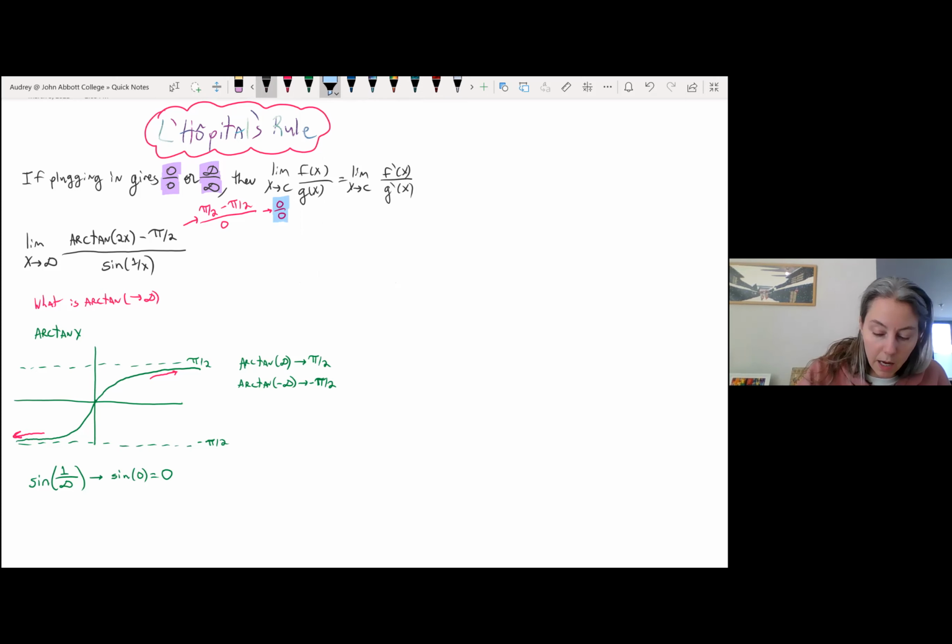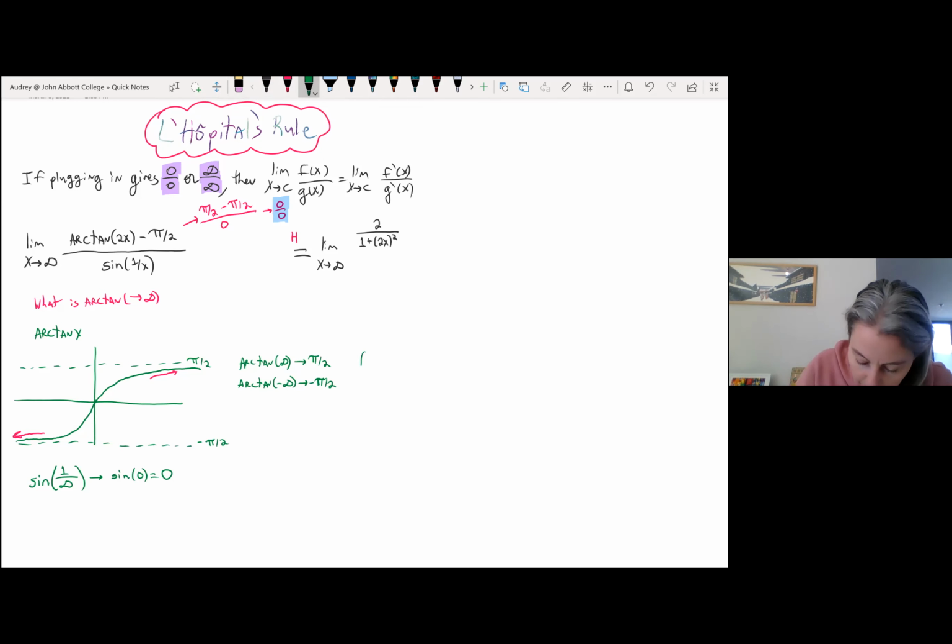So we will say then that this is equal, I'm going to have my little h because I'm going to be applying L'Hopital's rule. So the derivative of arctangent of 2x is going to be 1 over 1 plus 2x squared, but then we have to multiply by the derivative of 2x, which just gives us a 2. So here I'll do that on the side so that we can see.